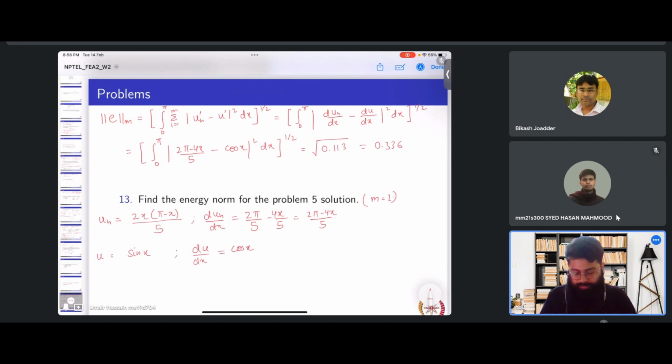Find the answer again. Meanwhile, if anyone gets the answer, let me know. Yes, so we have 0 to pi, 2 pi minus 4x by 5 minus cos x whole square.